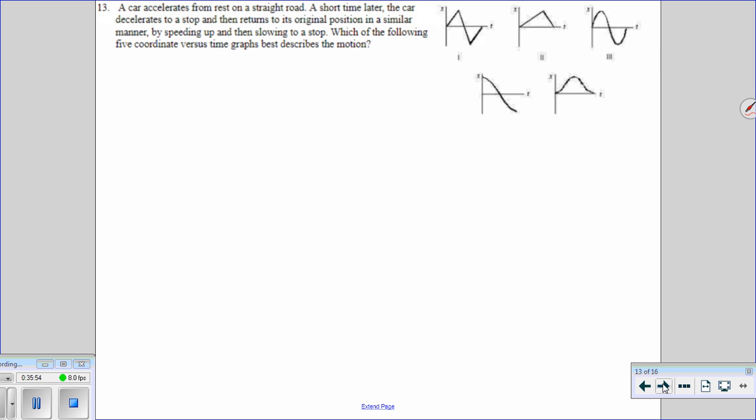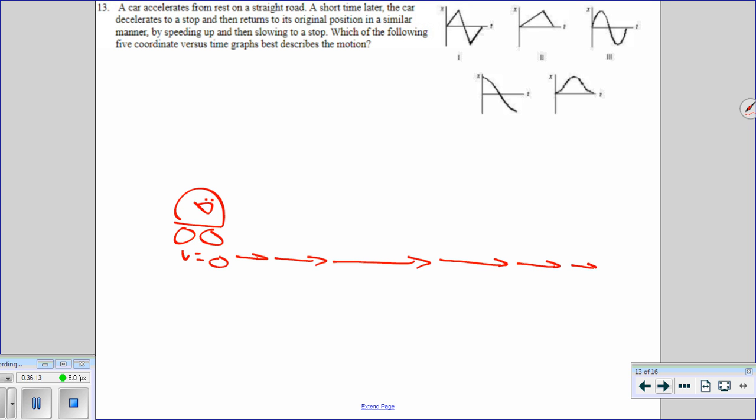13. So, here's our car. All right? So, it starts at rest, and then it speeds up, then it slows down until it stops, and then it goes back to where it started from in a similar manner.